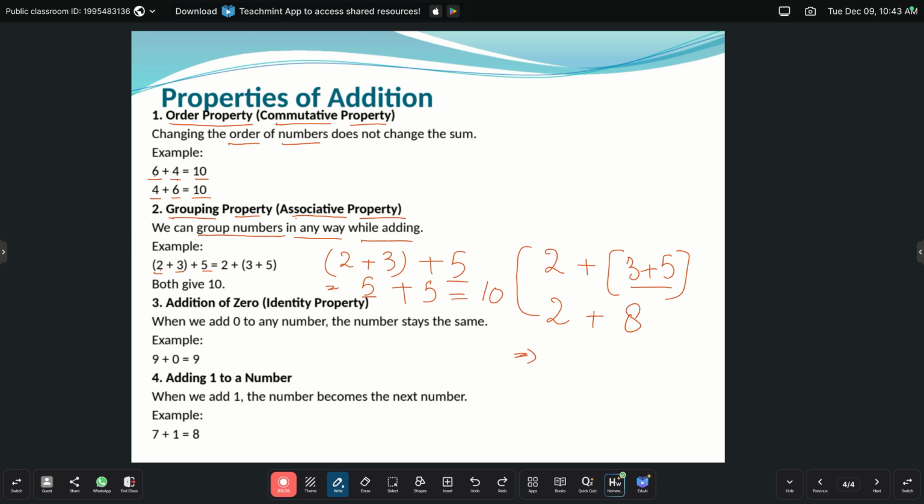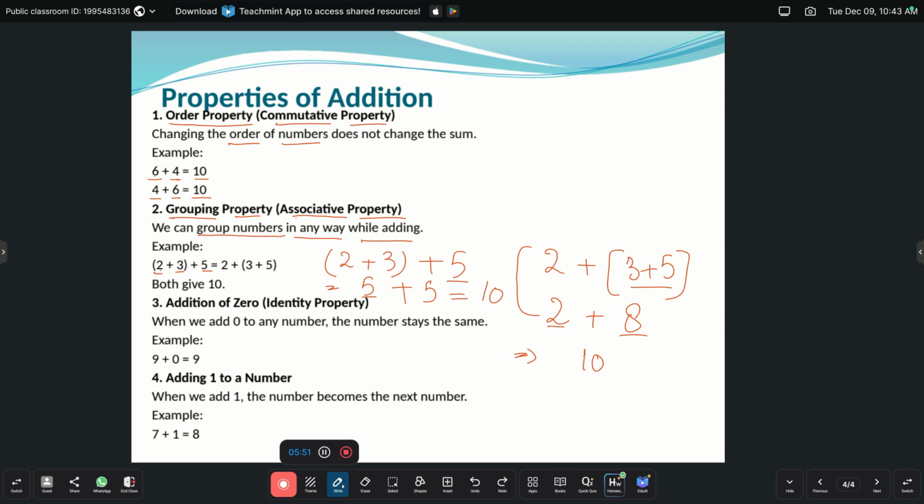After adding this number and this number, again I will get the same sum, that is 10. That is what I said, the grouping property. The grouping property tells us we can group numbers in any way while adding.